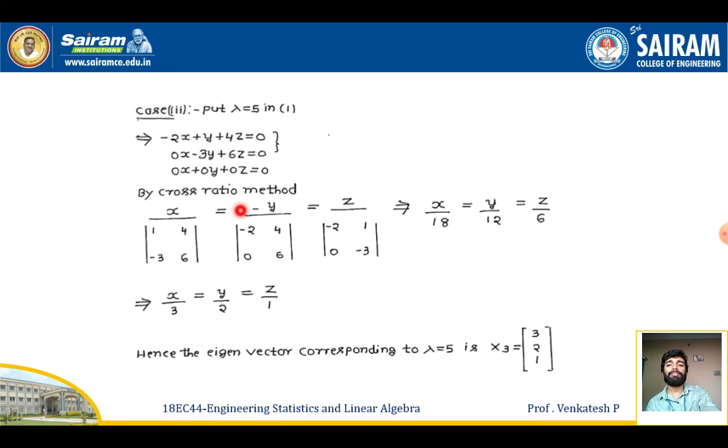I'll get x by 18, y by 12, z by 6. Since the common factor is 6, remaining will be x by 3, y by 2, z by 1. Hence the corresponding eigenvector for the given matrix will be x3 equal to (3, 2, 1). In this way we have to find the eigenvalues and eigenvectors.